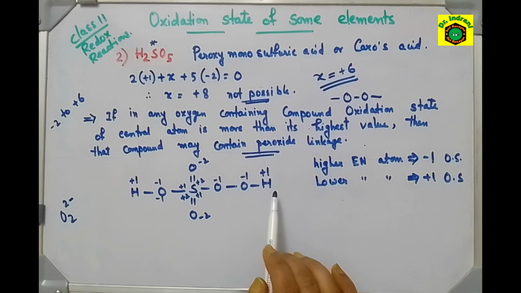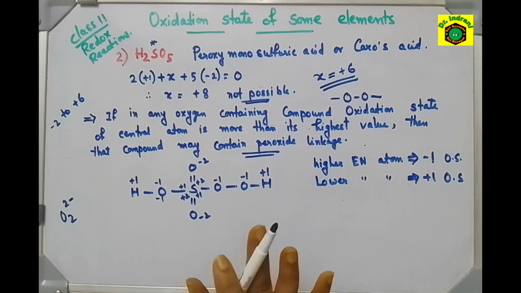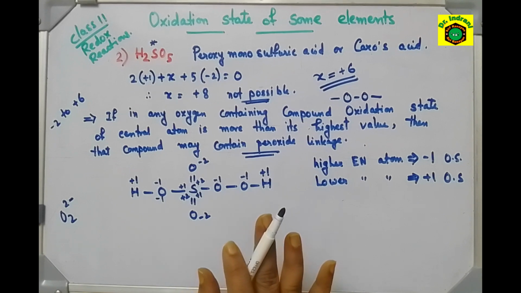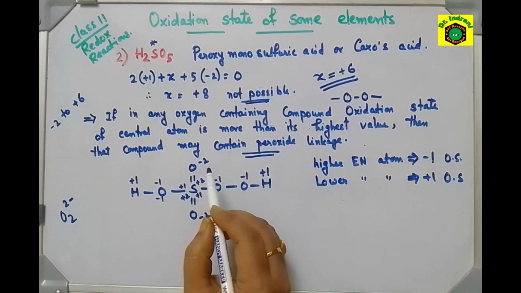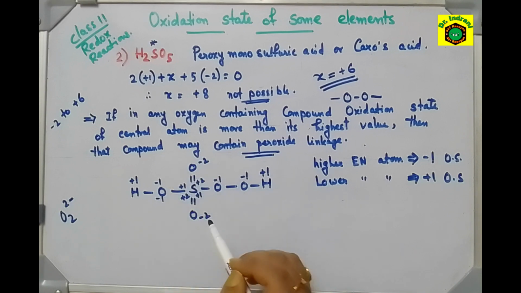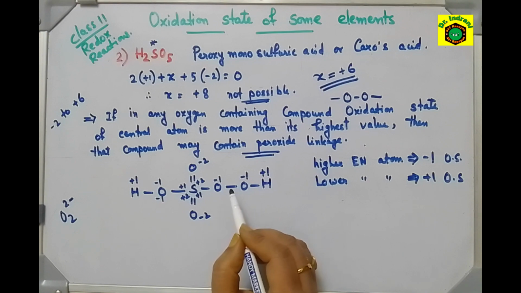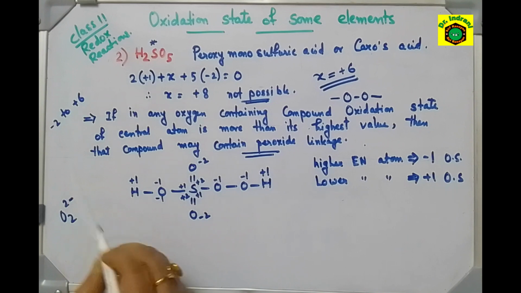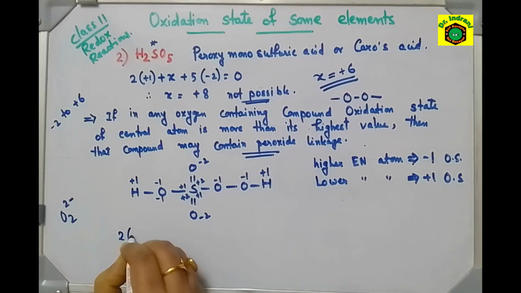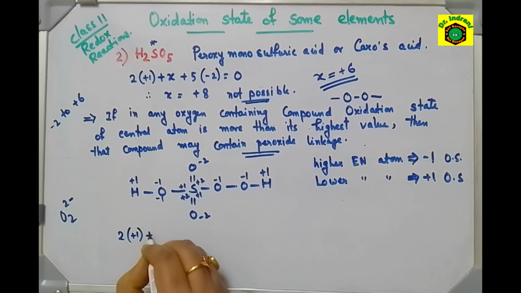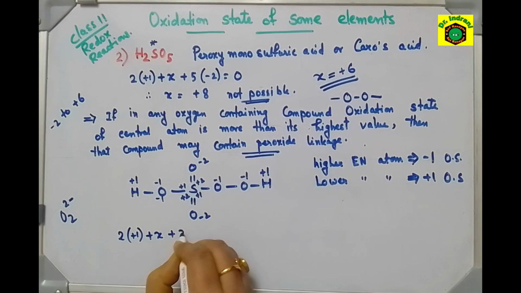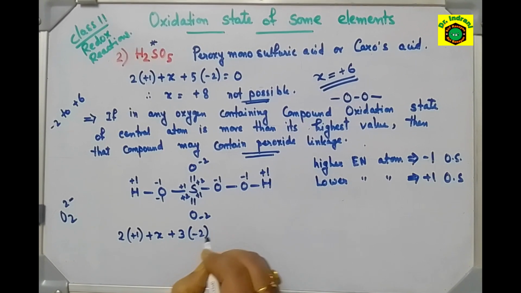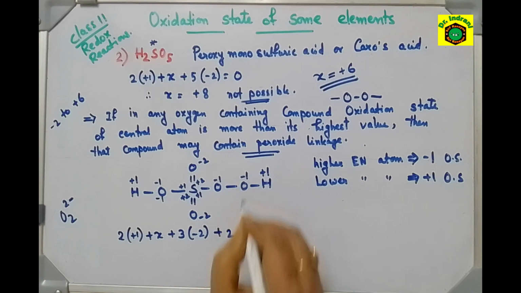In Caro's acid, actually 3 oxygen atoms are there, as I told you, which are having -2 oxidation state, but here 2 oxygen atoms are there having -1 oxidation state. If you calculate, 2 hydrogen atoms, 2 into +1, plus sulfur is X. 3 oxygen atoms are having -2 oxidation state and 2 oxygen atoms are having -1 each.